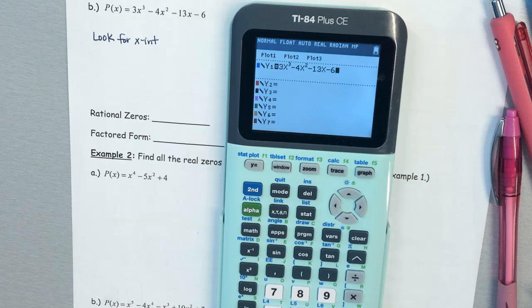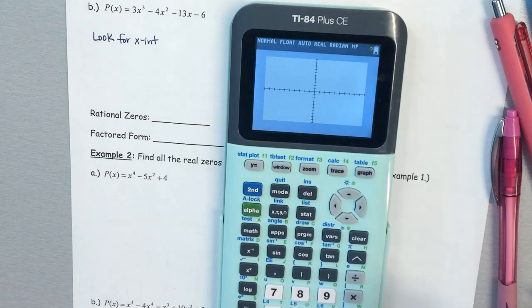And if you guys want to use the table, which I see a couple of you are doing, what are you looking for in the table when you're looking there? Yeah, you're looking to see where y is 0. For every x-intercept, y is 0.